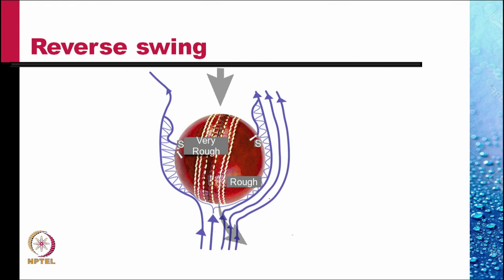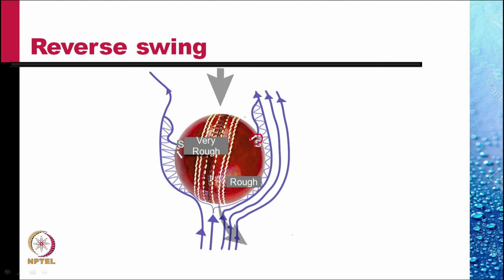So one side is rough and the other side is very rough. In this situation, on the rough side, the transition does take place. We have separation here.